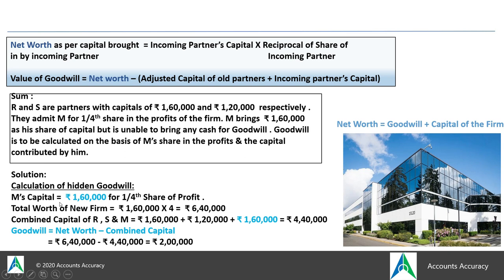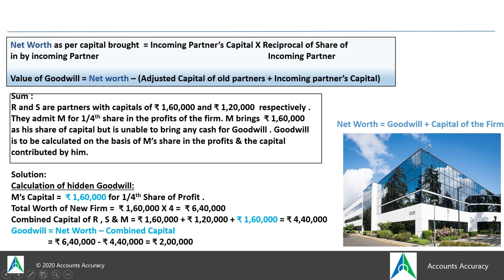So that is why the total worth of the firm will be the reciprocal of the 1/4 share, that is 1,60,000 into 4. The reciprocal of a 1/4 share of profit is 4. That will be multiplied with the capital value of the new partner, which will give us the total worth of the firm, that is 6,40,000.